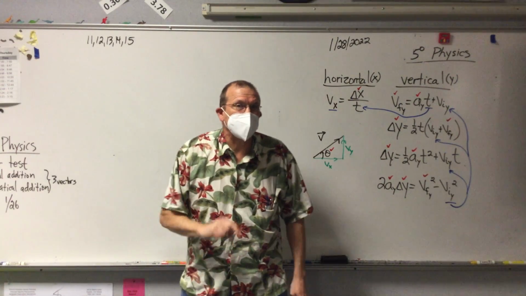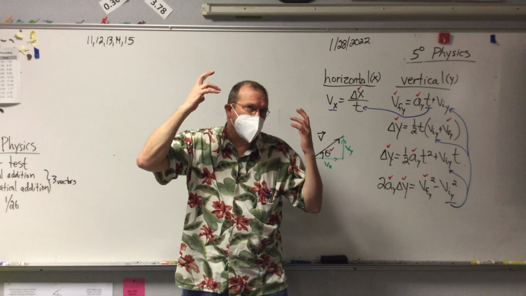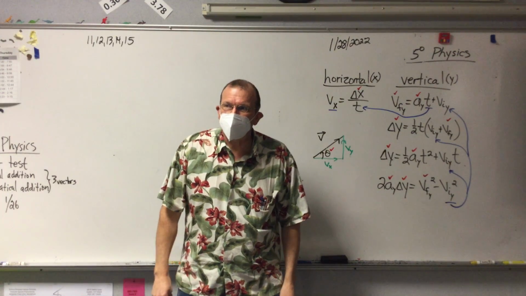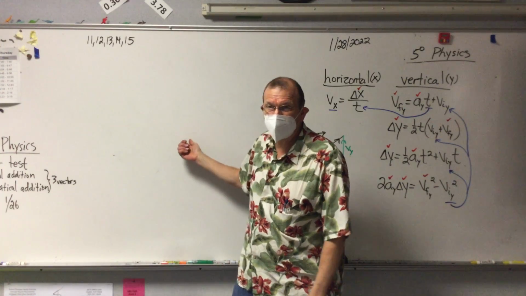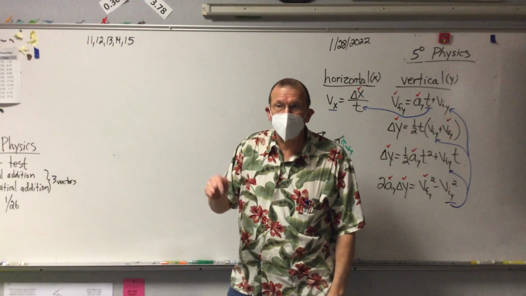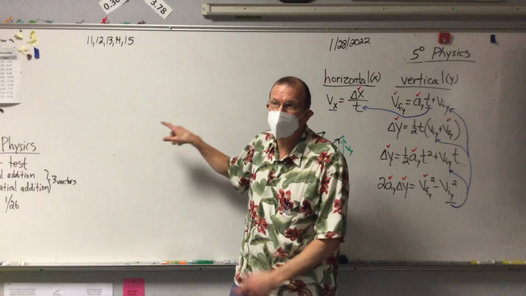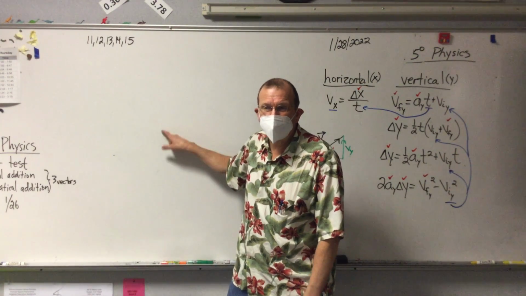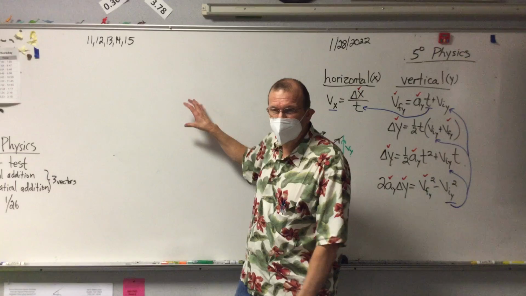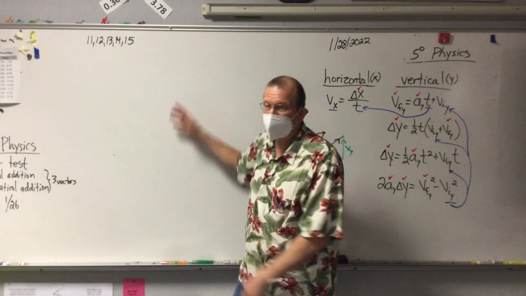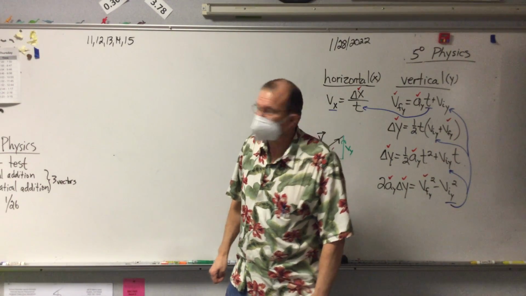If you can see the picture in your head, great. But if I had somebody come up and solve it here, the first thing I would tell them is, I want to see you draw the picture that shows what's going on. Because if you draw the picture right, some of the important pieces of information are actually in that picture.